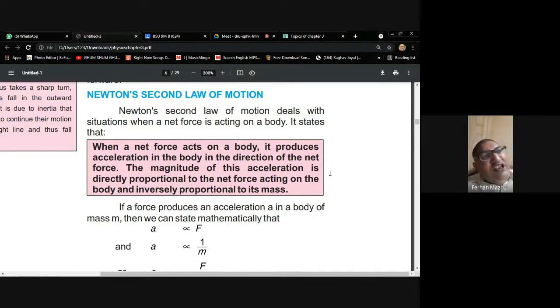So acceleration is basically change in velocity per unit time. Or in simple words, you can say that it is change in velocity. But technically we say change in velocity per unit time. So in 1 second, how much does the velocity change? That is called acceleration. And the acceleration can be positive, it can be negative. Positive acceleration means that the velocity is increasing.